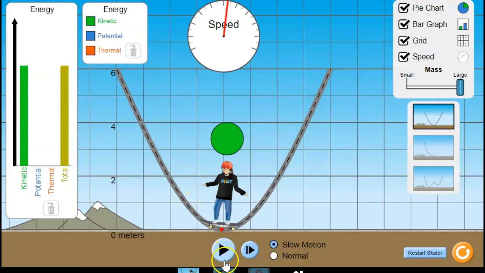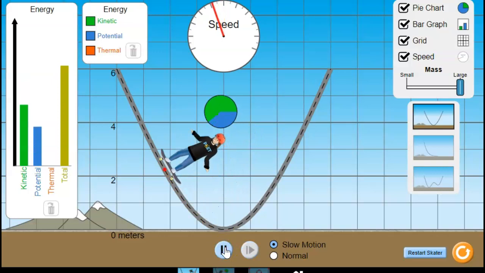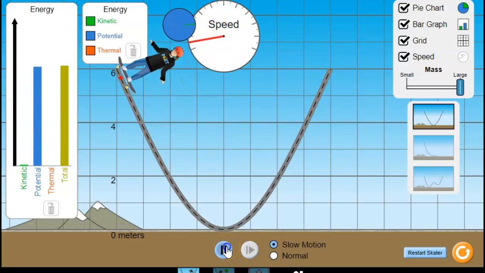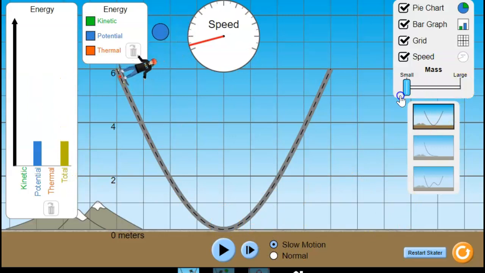So if I'm thinking how I would capture this information for this report, I would probably say, okay, I want when he's huge, when he's all kinetic energy, and then also huge when he's all potential energy. That'll show us that the amount of energy in the system is constant between those two situations. So this screenshot when he's down here, and then a third screenshot when he's up here and he's tiny.